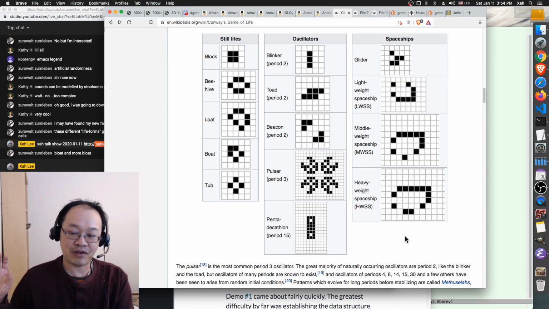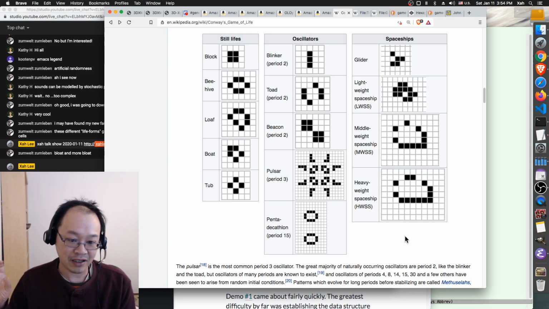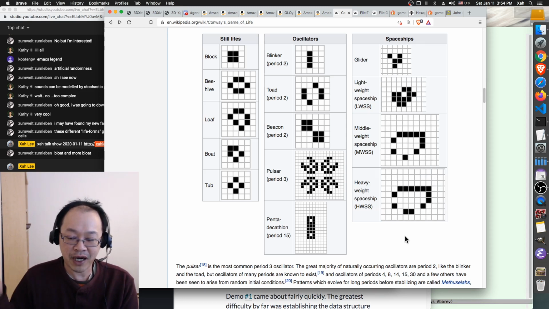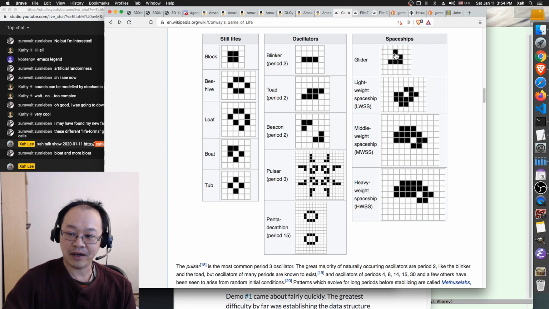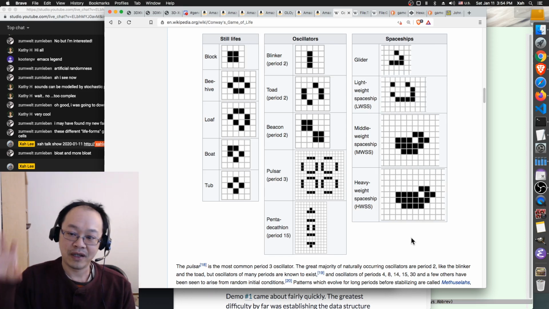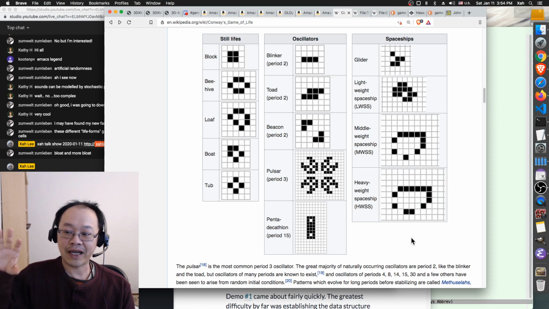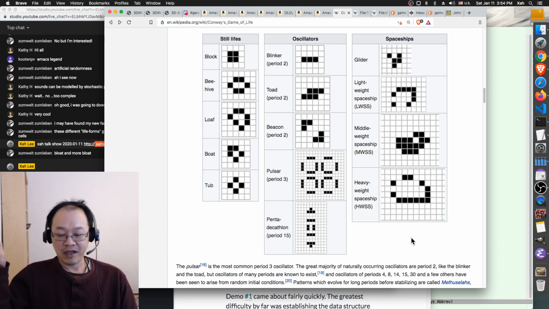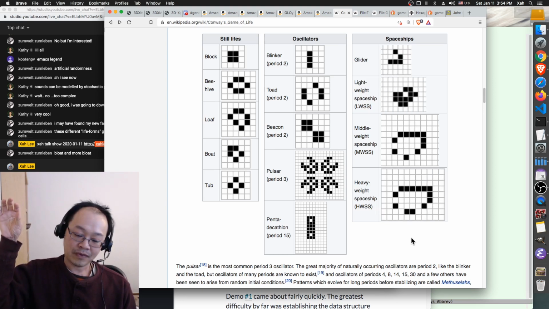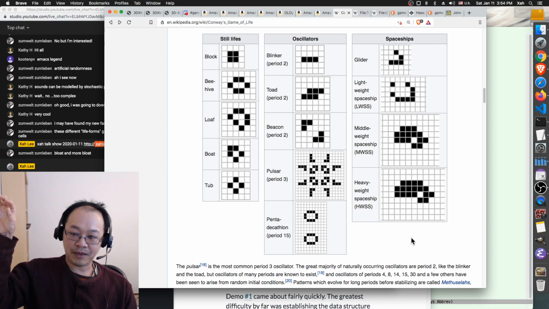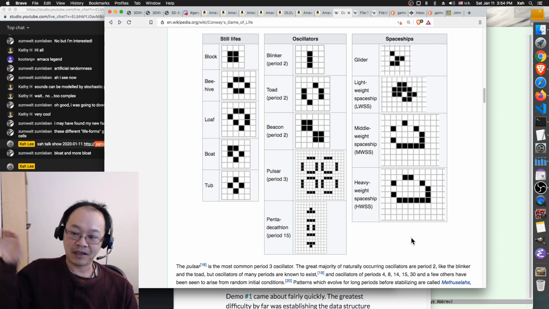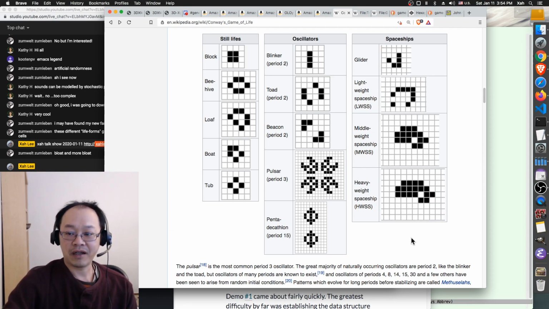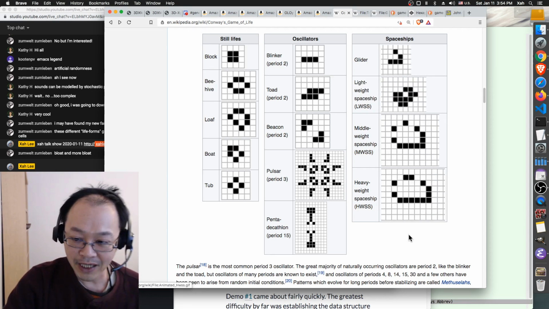So they created this jargon, speed of light, similar to the real world speed of light. Basically that's impossible, because many of these spaceships move a certain number of cells every 5 generations. So you divide the number of cells it moved by the number of generations it takes to move there, and that is the speed of a spaceship pattern.